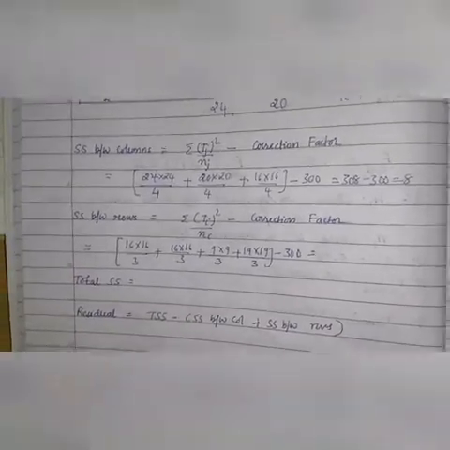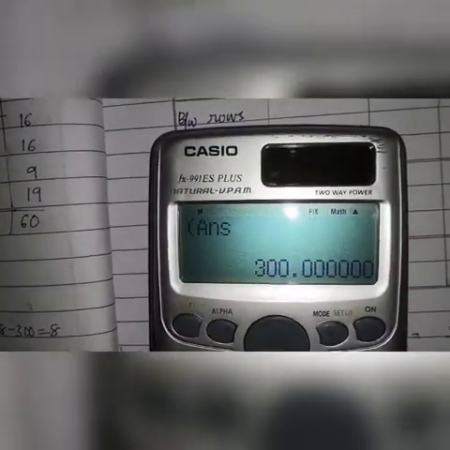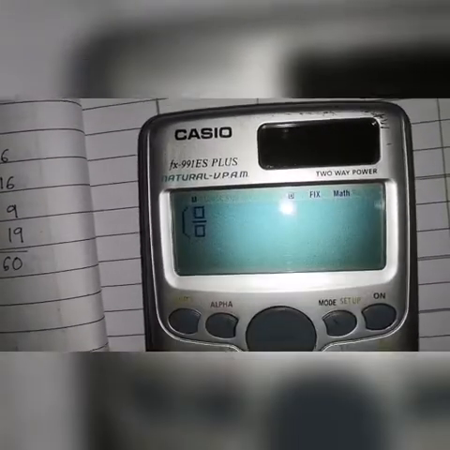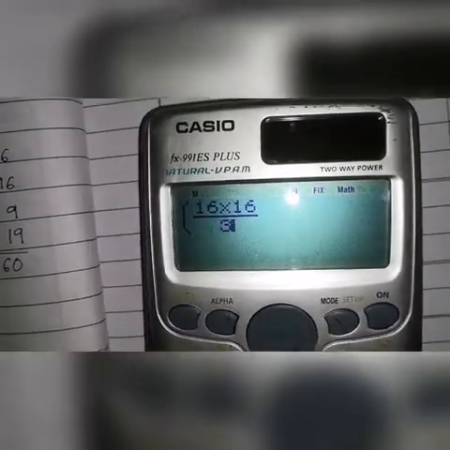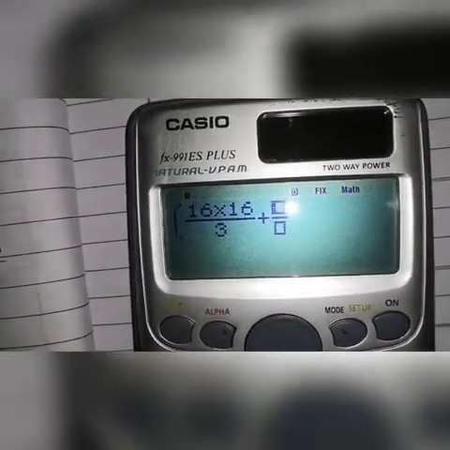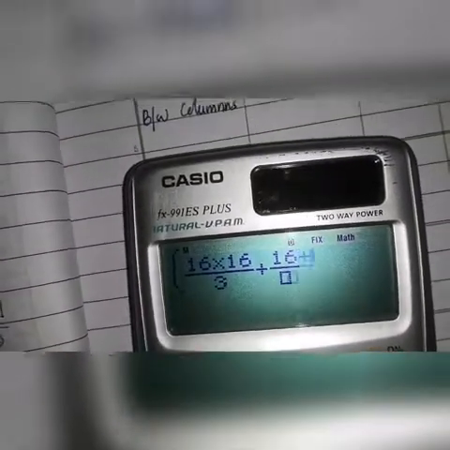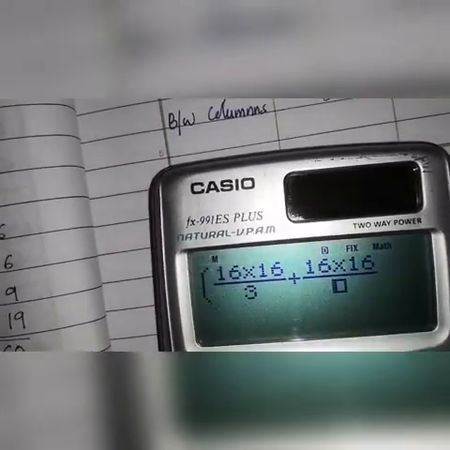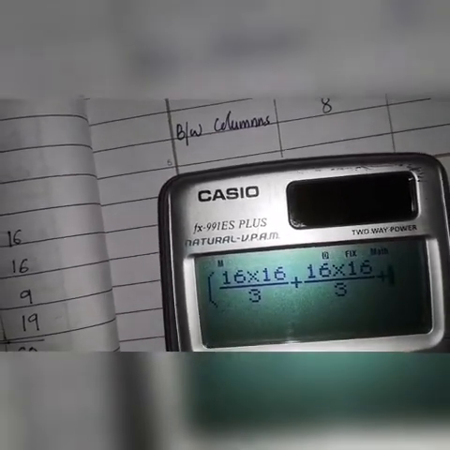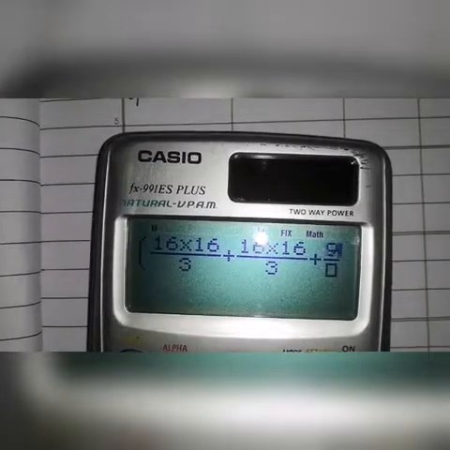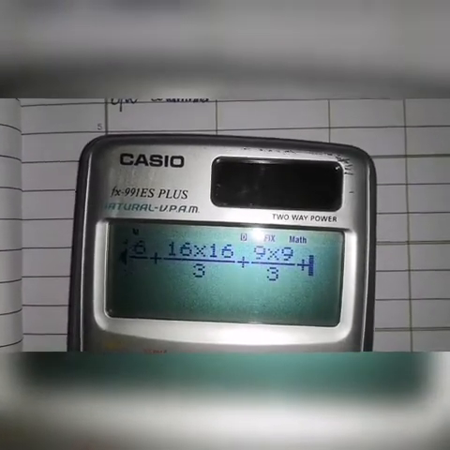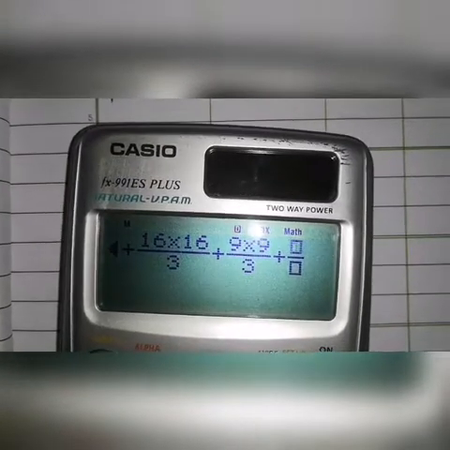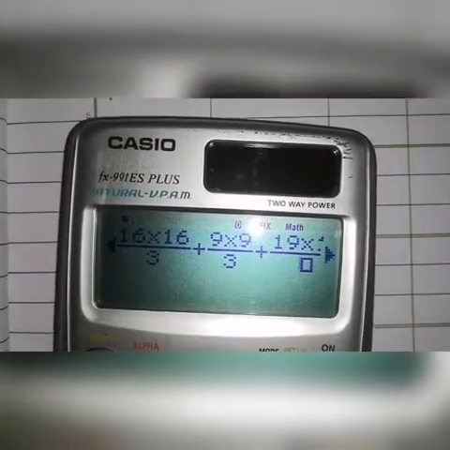let us calculate. So 16 into 16 by 3 plus 16 into 16 by 3 plus 9 into 9 by 3 plus 19 into 19 by 3.